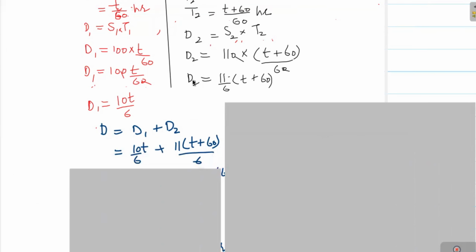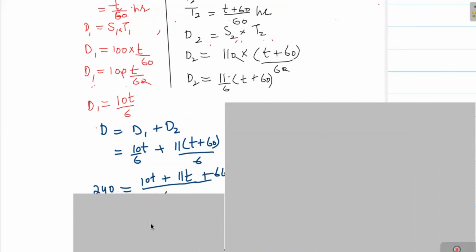After calculating two distances, we add this. Look here, t1 is 10 over 6, t2 is 11, t plus 60 over 6. And you know that total distance is 240 kilometer. Therefore, we write 240.